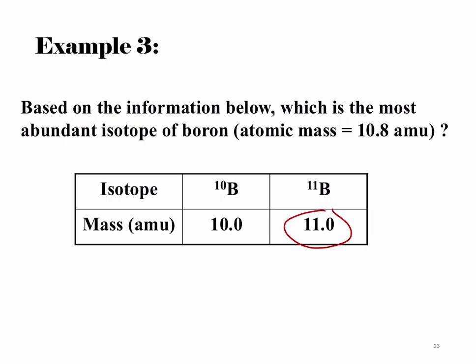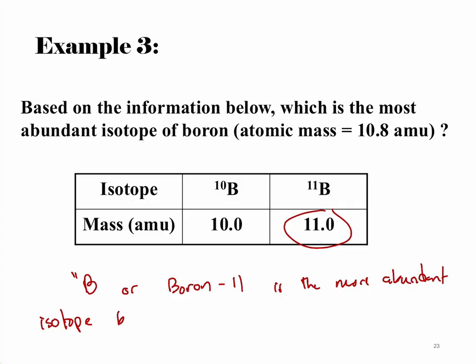So this is the more abundant, or another way that you can indicate an isotope would be boron 11, is the more abundant isotope because the AMU is closer to that mass number.